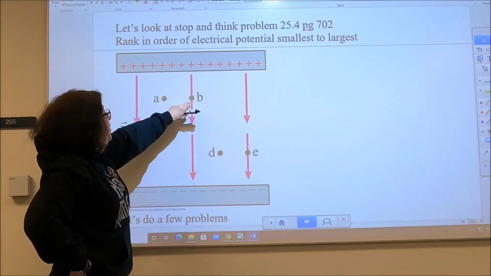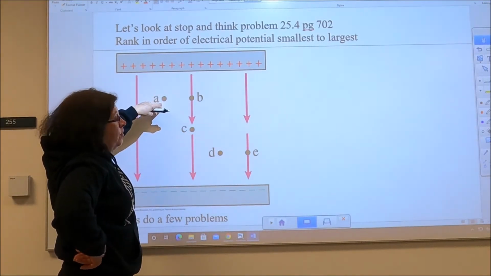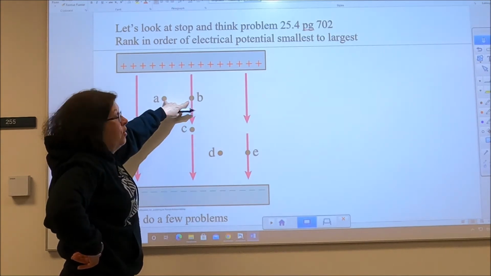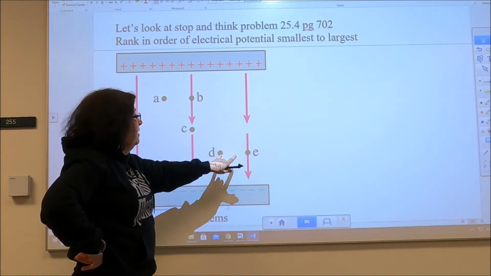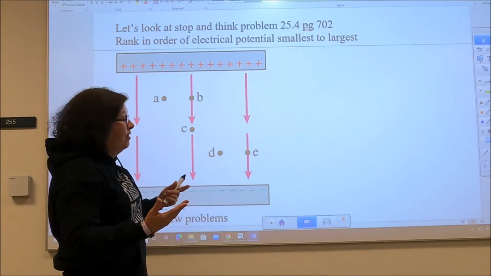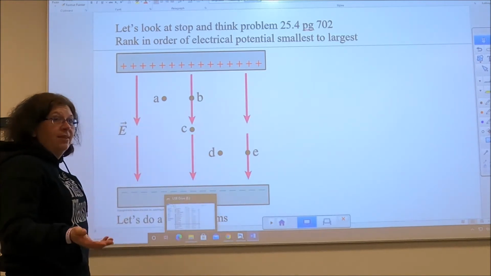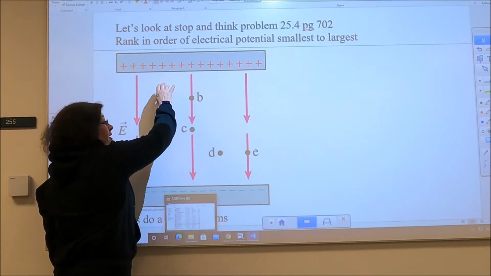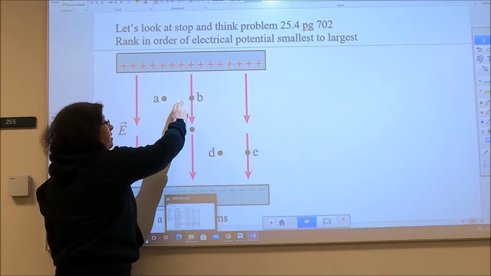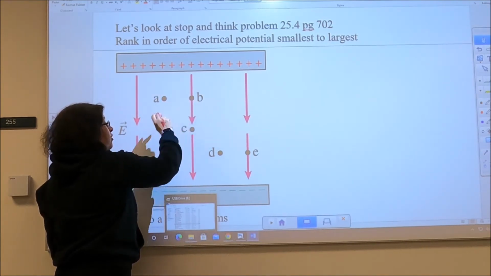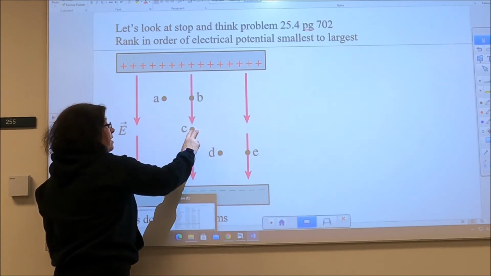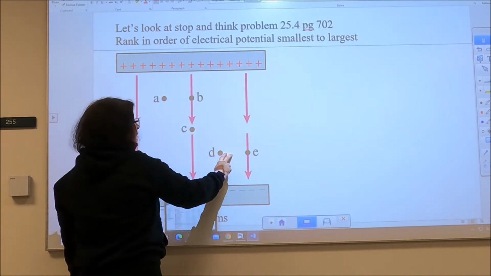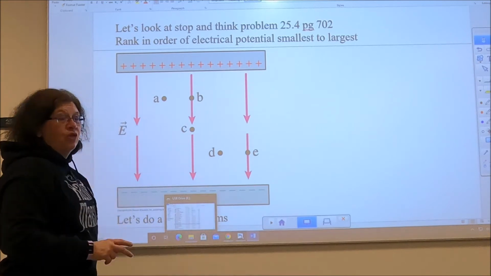Well, A and B are the same distance from the positive plate, so they're going to be at the same potential. D and E are at the same distance from the positive plate, they're going to be at the same potential. The highest electrical potential is always closest to the positive plate, so these two have the highest potential. This one is the next highest, and these two have the lowest potential.